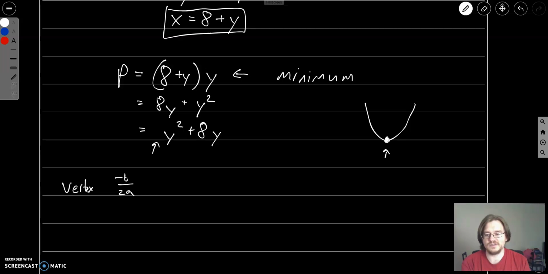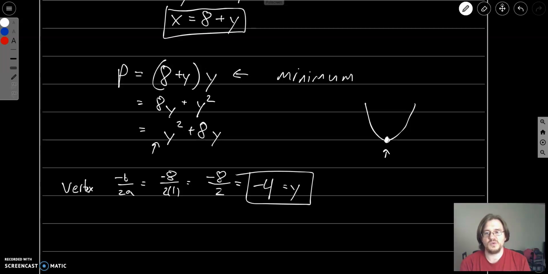So at negative b over 2a, negative b is going to be negative 8, and then 2 times a, which is just 1 here, so we've got negative 8 over 2, which is negative 4. So this is going to be y. This is what we have solved for right here.